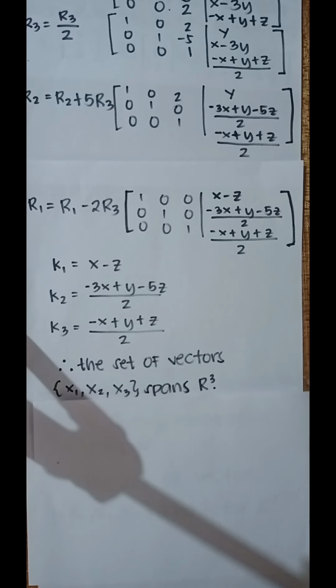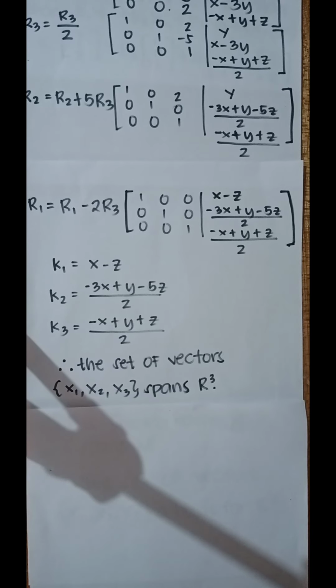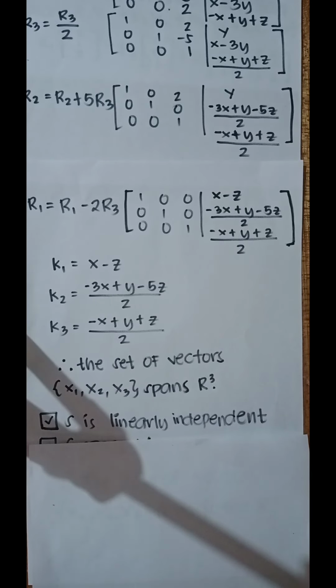Since we now have our three scalars, we can conclude that the set of vectors x1, x2, x3 spans R^3. Earlier, we proved that S is linearly independent. So, check.